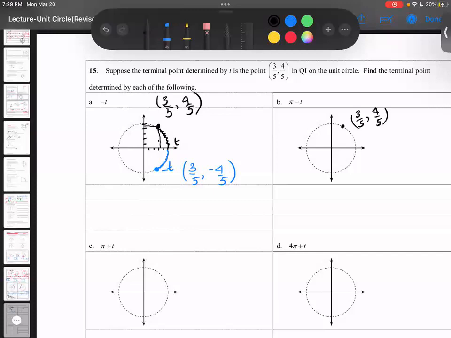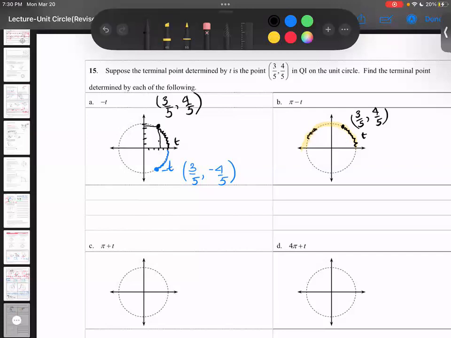Part B, pi minus t. Pi, how much is pi? Oh, by the way, this is t. So that's t. Pi minus t. Pi is this much, right? The one I highlighted in yellow. That's pi. Minus t. So minus this much by symmetry.